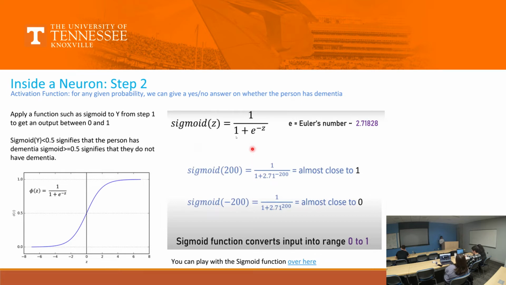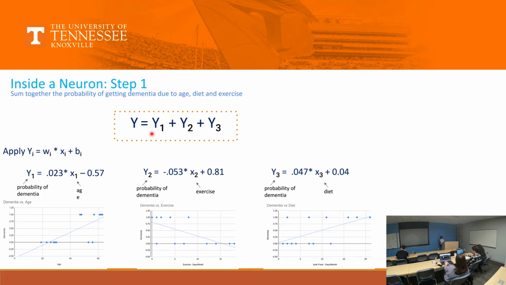Now, what is this activation function? These values of y1, y2, y3 can have any values. You will see in the next slide, I have an example. Here you see the value can be negative to very large, in the 3 orders of positive.